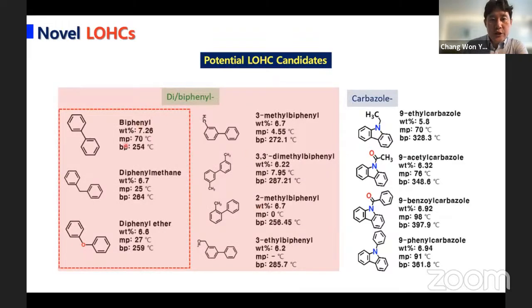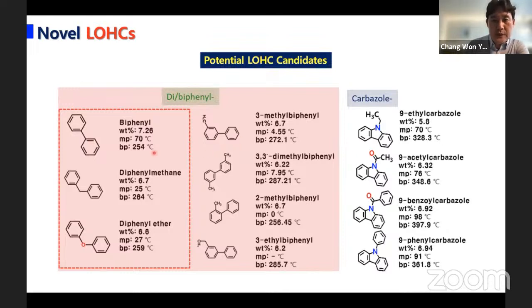So what I actually use is these types of biphenyl species. The carbazole, which the US company Air Products developed. And I chose this biphenyl-based LOHC as a potential LOHC candidate.